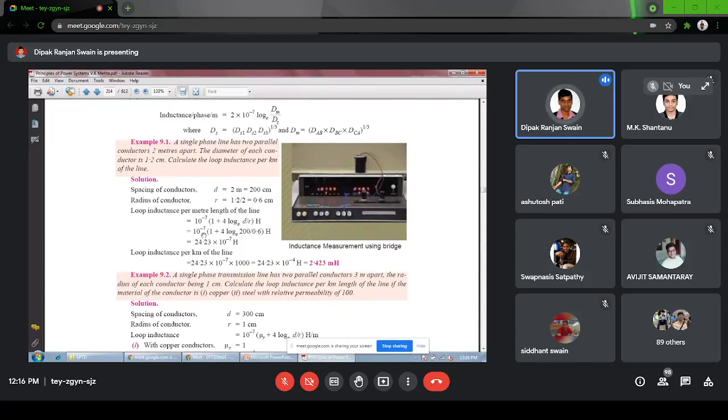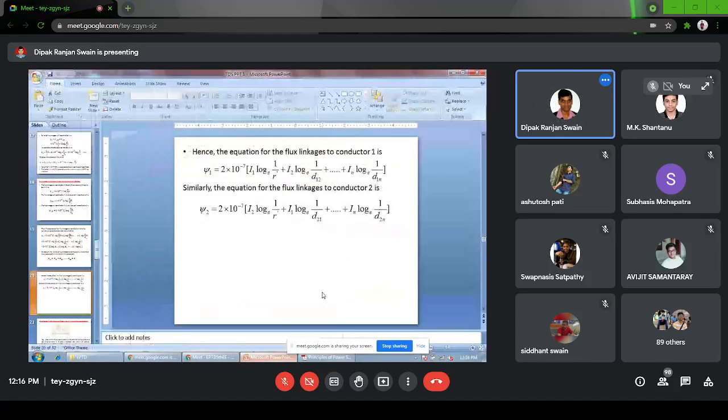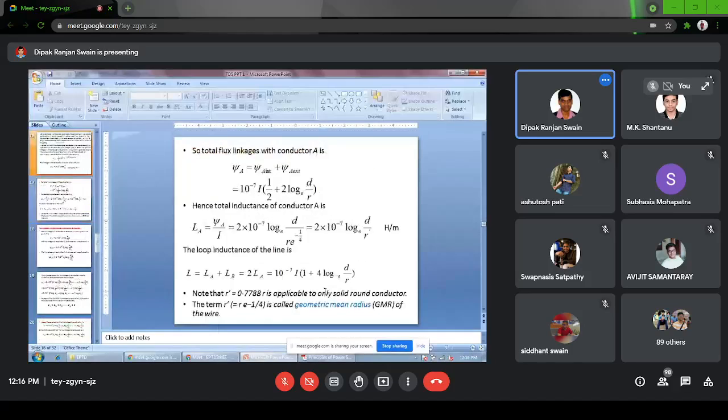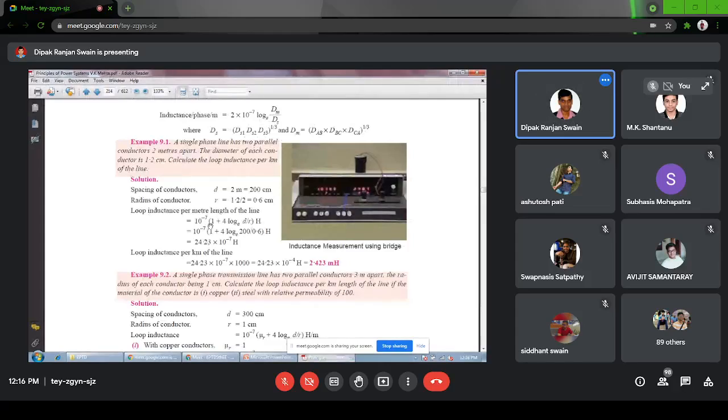So directly you can put in that formula of 10 to the minus 7 into 1 plus 4 ln D by R. So the same formula they have used. Whatever they are calculating, it is per meter.